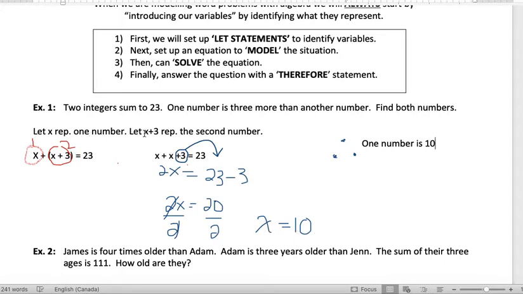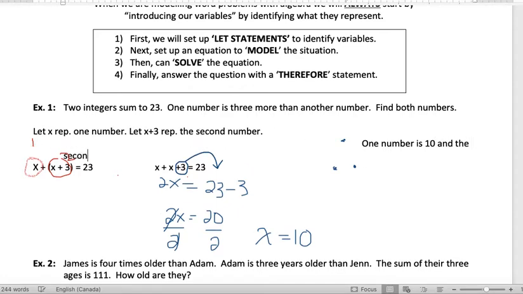The other number is x plus 3, which is 13. So those are our two numbers. One number is 10, one number is 13. So set up your let statement, model your equation, either way was fine, solve your equation, and then finish up with your therefore statement. One number is 10 and one number is 13.